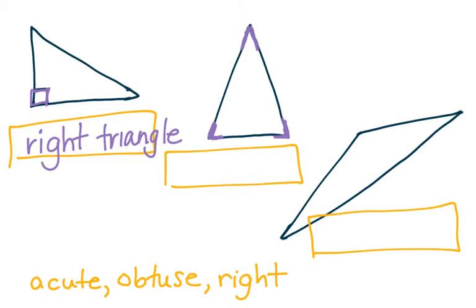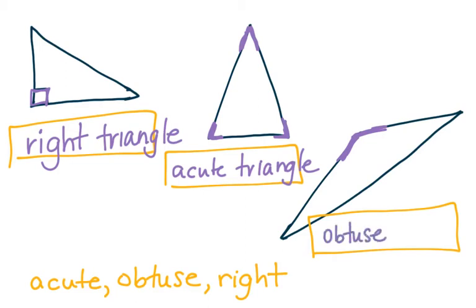So if you have a triangle that has all angles less than 90 degrees, it's called an acute triangle. And by process of elimination, I see one angle here that's larger than 90 degrees. And if it has just one angle that's more than 90 degrees, we call that an obtuse triangle.